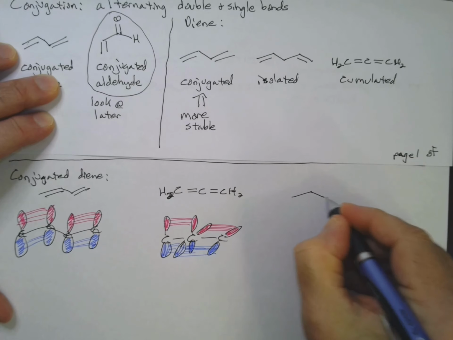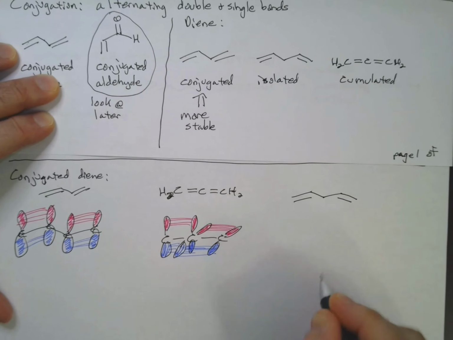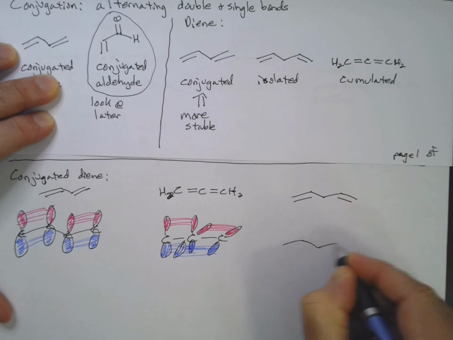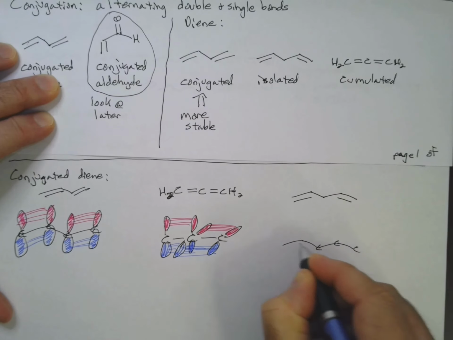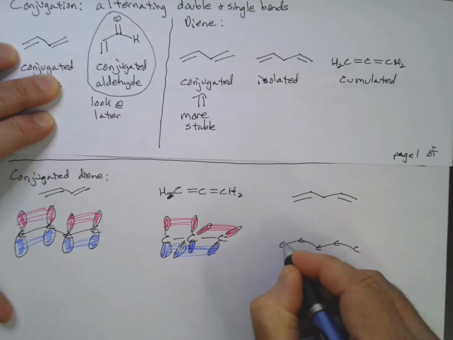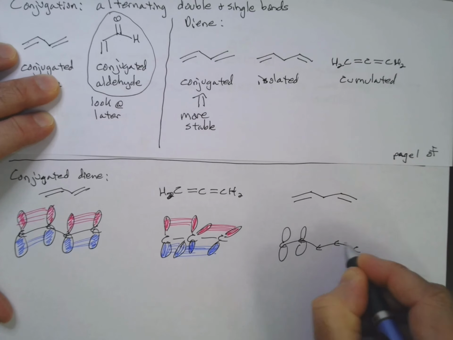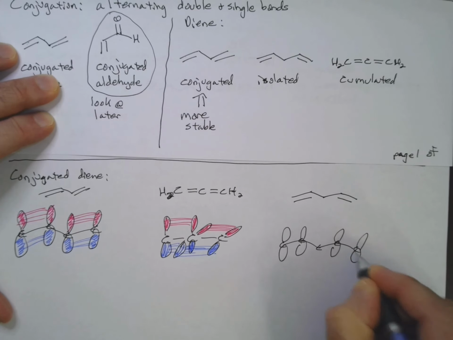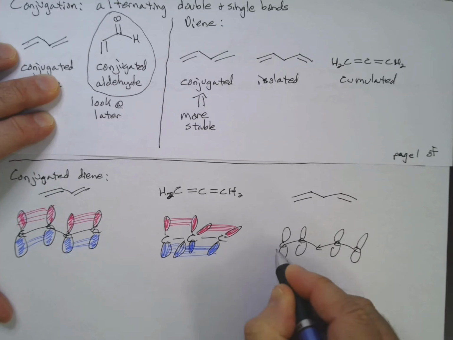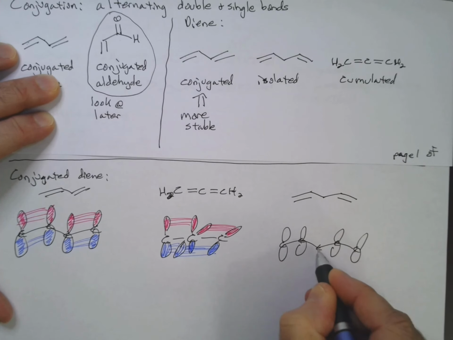And then in our last system here, the isolated, I'll go ahead and have my p orbitals. Again, I'm not showing my sp orbitals, my sigma bond.